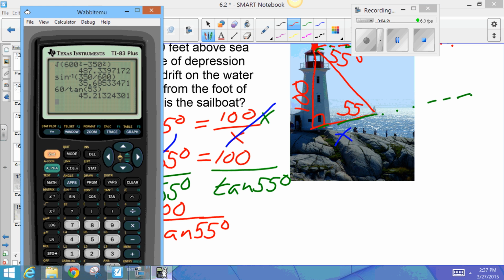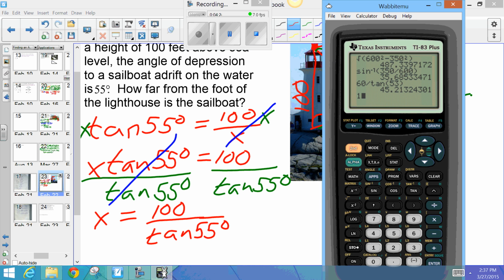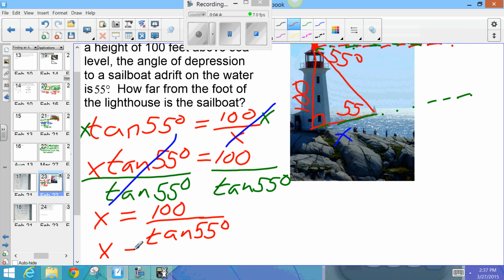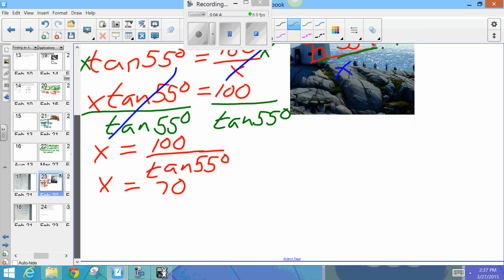So I have 100 divided by the tangent of 55. That would be 70. So X equals 70. 70 what? Well, we were measuring in feet. 70 feet.